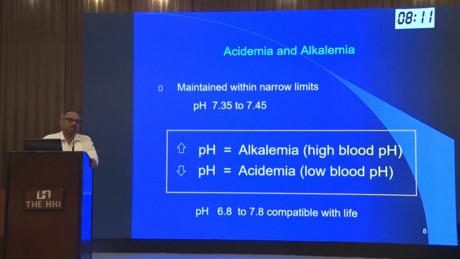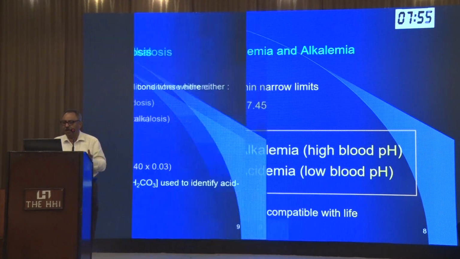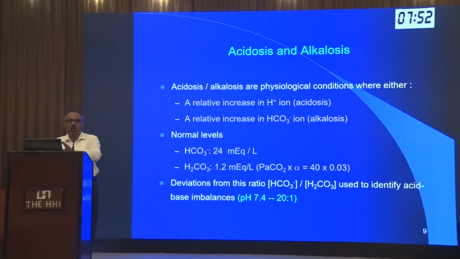Very few cases below 7.1 survive. Very few cases above 7.65 survive. I've got an original paper on this in the Journal of Cardiothoracic Anesthesia. This we all know, I'm just passing through this.